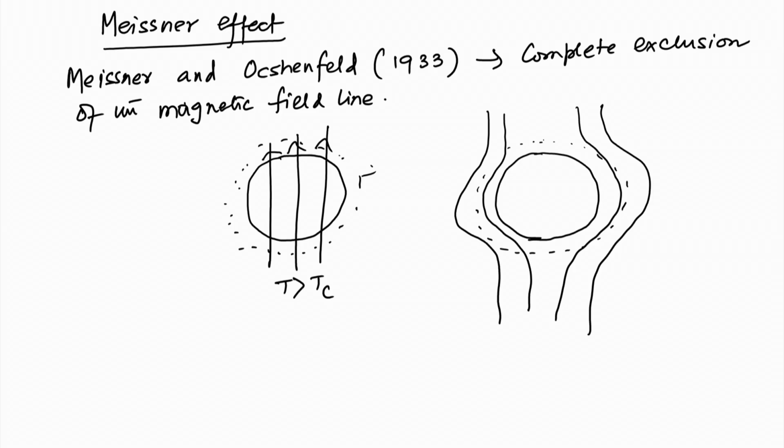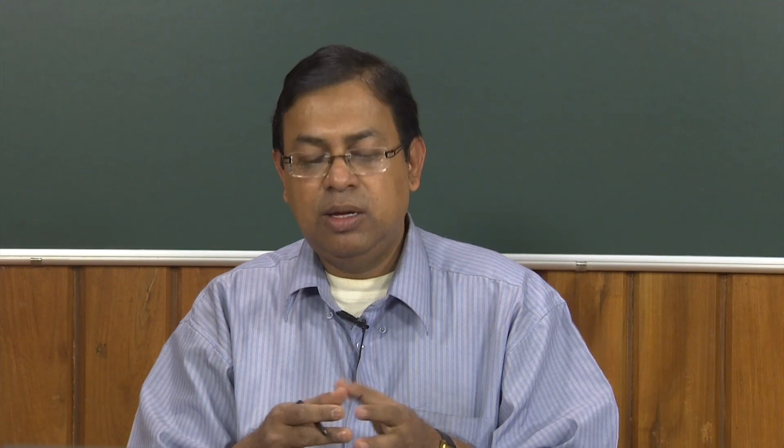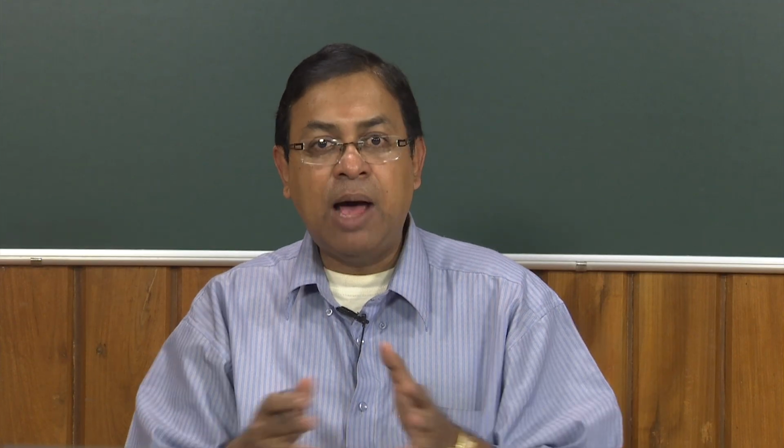There are also materials in which the magnetic field can penetrate up to a certain extent. Beyond that, if you increase the strength of the magnetic field still further, then it gets pushed out. This is called a type 2 superconductor, which allows the magnetic field to penetrate inside the sample for some range of magnetic field.